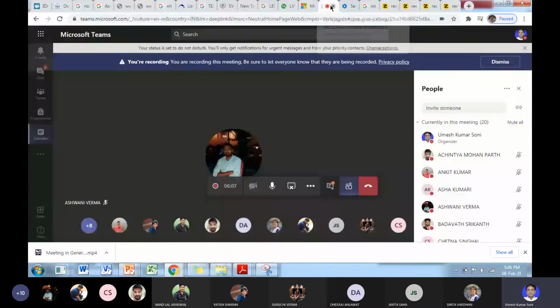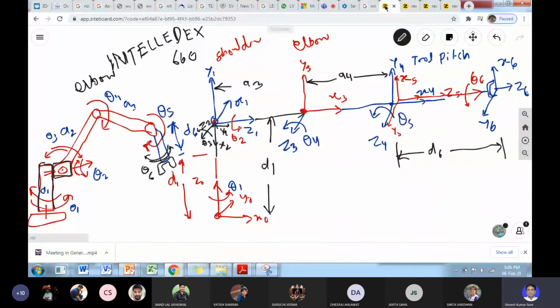Yes, sir. Okay. So here this is the base, and the structure, this vertical structure, can rotate with angle theta 1 relative to this base. So this is the base, and this theta 1 is the rotation of this structure.